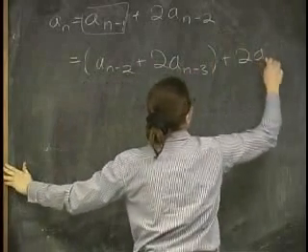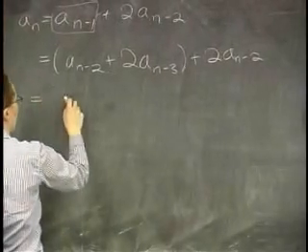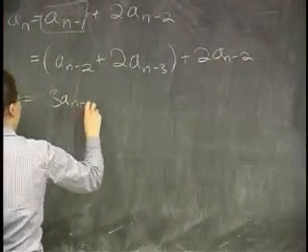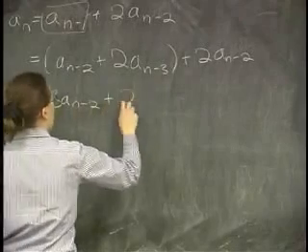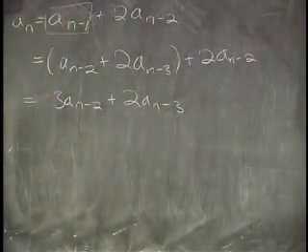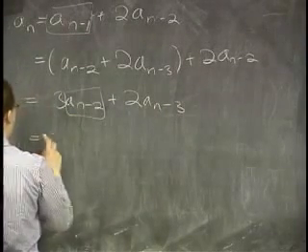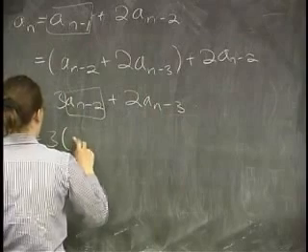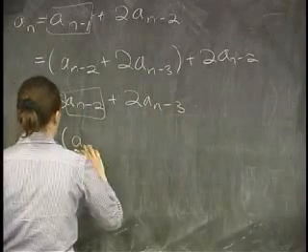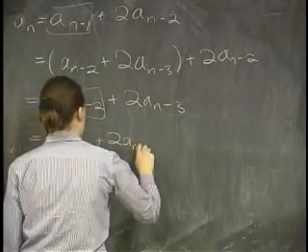And I have to carry along my 2a_{n-2}. So I get 3a_{n-2} plus 2a_{n-3}. Now if I go to substitute in for a_{n-2}, I'm going to get 3 times a_{n-3} plus 2a_{n-4}.